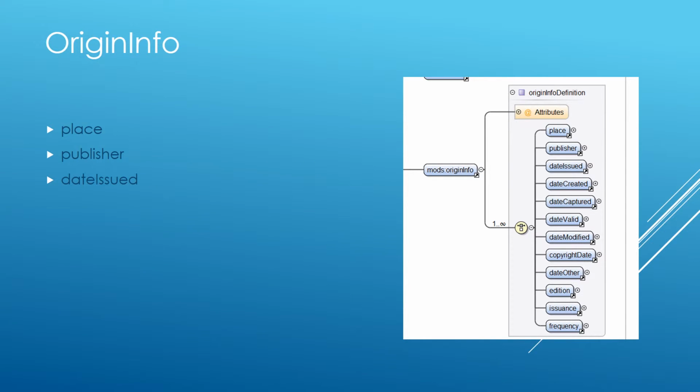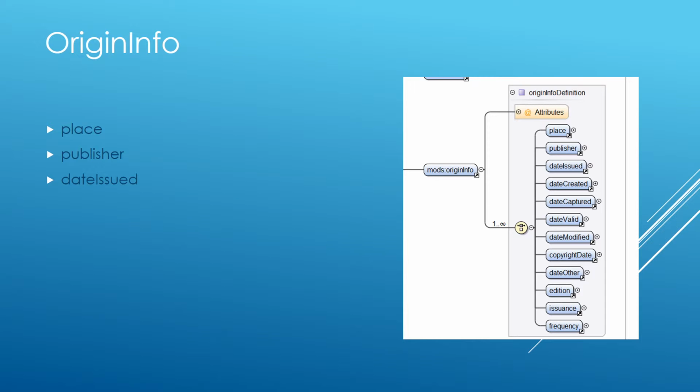Then we've got origin info. As you can see, there's a lot of different options, and because it's a choice, not all of these are required to be in there. So I can pick and choose a few of them to use. For this one, place, publisher, and date issued were the ones that I ended up using the most.